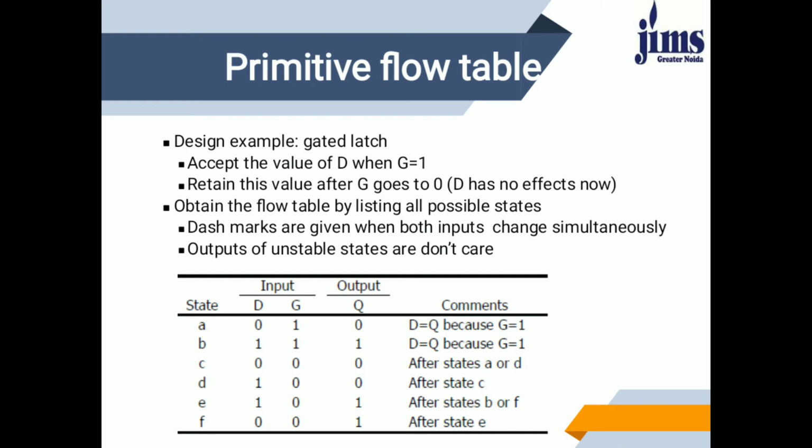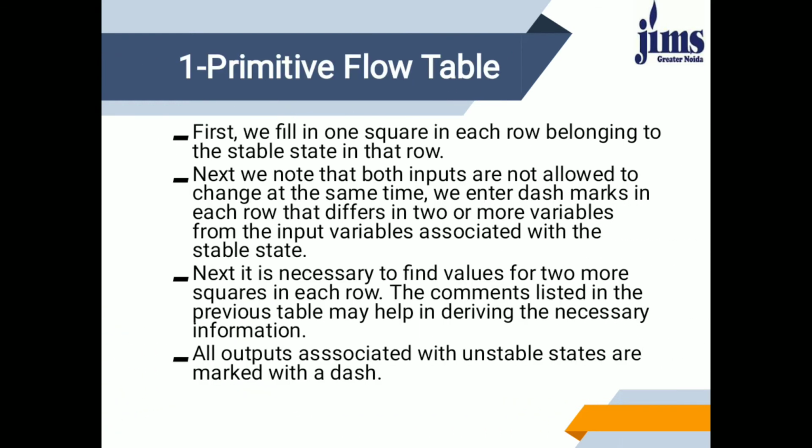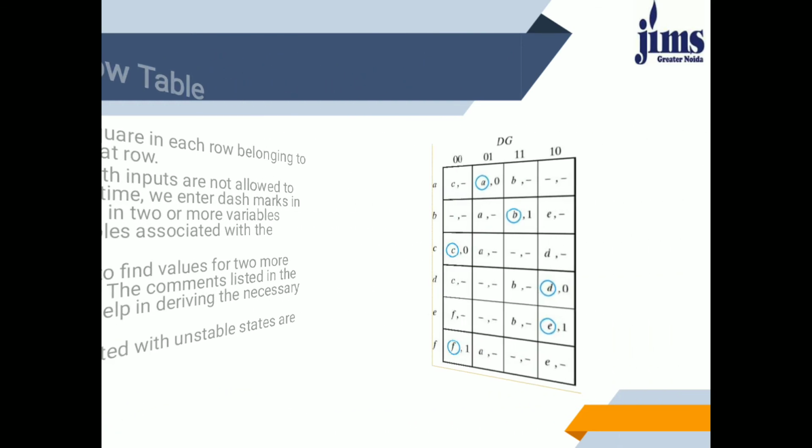Either C or F. But as C comes first, it will jump to C. And the output will be dash, as the output at state A is 0 and the output at state C is 0. So it will jump to state C, and we are marking a dash here.